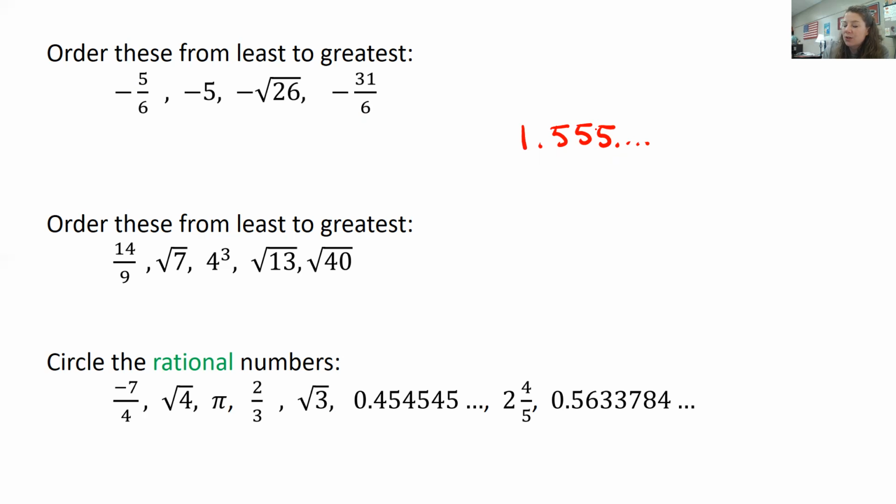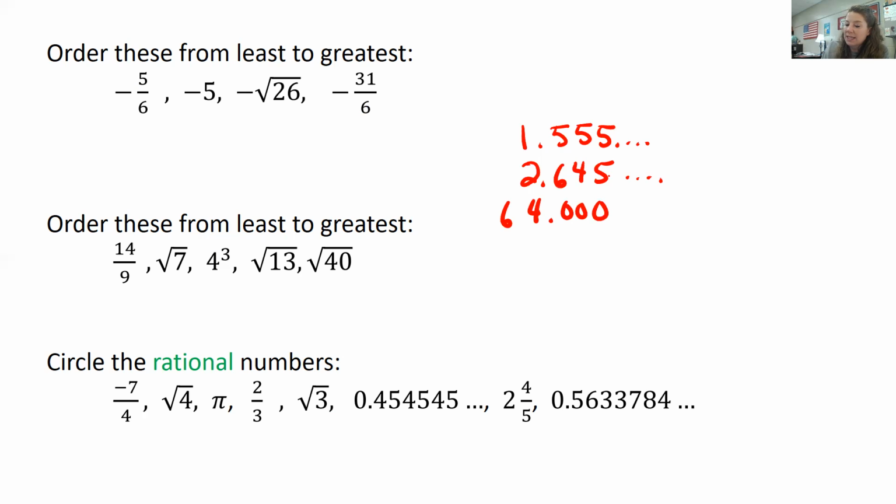Square root 7, I'm going to use my second button. I'm going to use my x squared button, and I've typed in 7 equals or enter, and then double arrows. So this number is 2.645 blah, blah, blah. And then 4 to the third power. So 4 raised to the third power, 4 times 4 times 4 is 64. So 64.000.